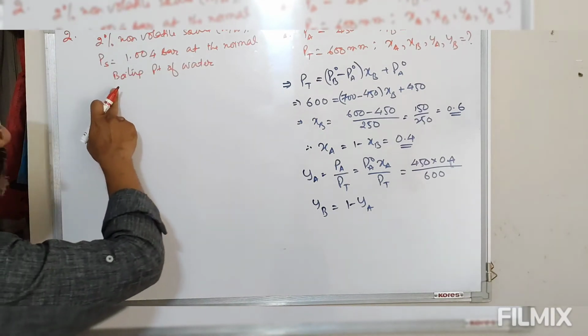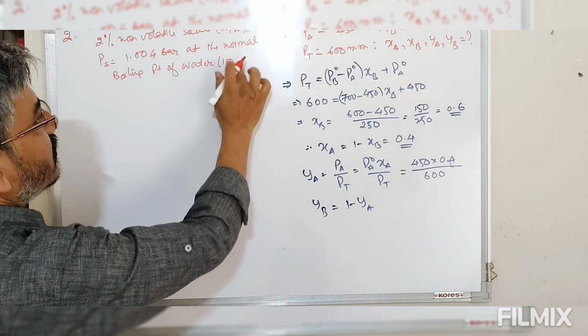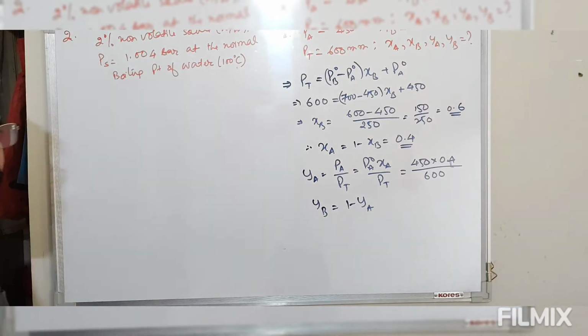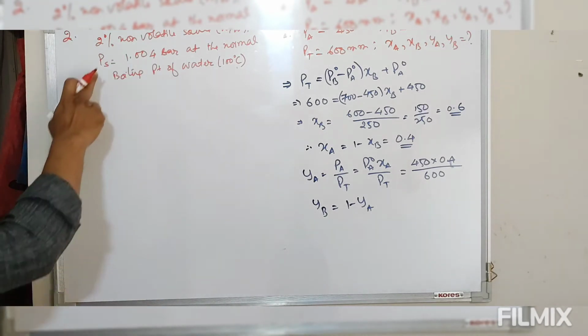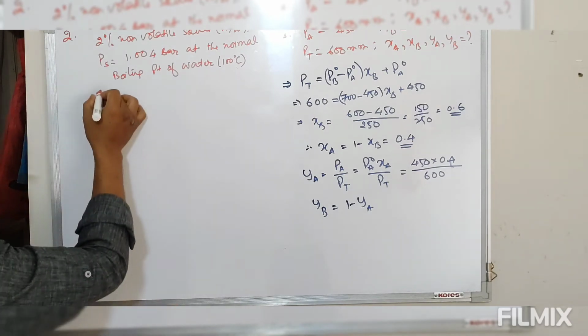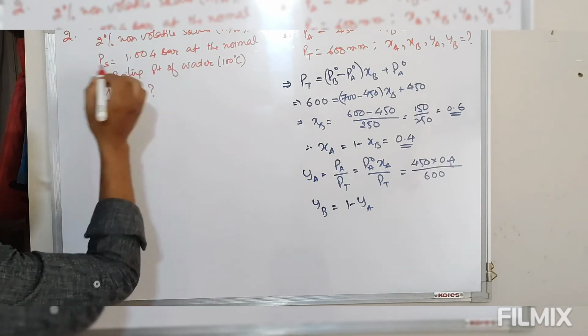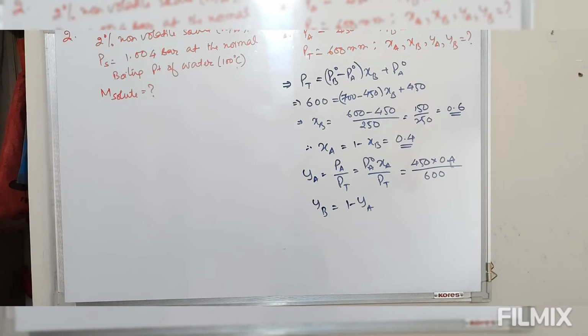Normal boiling point of water is 100 degrees centigrade. So indirectly the question says the vapor pressure of the solution is given at the normal boiling point of water. Now the question says: calculate the molecular mass of the solute.